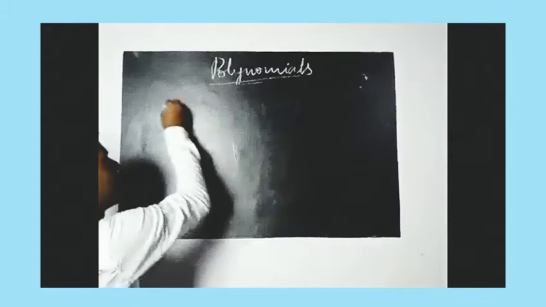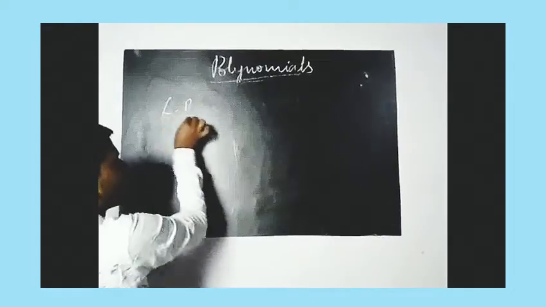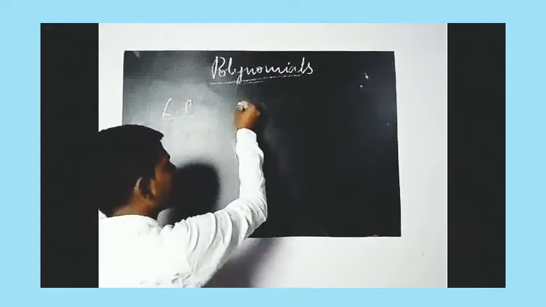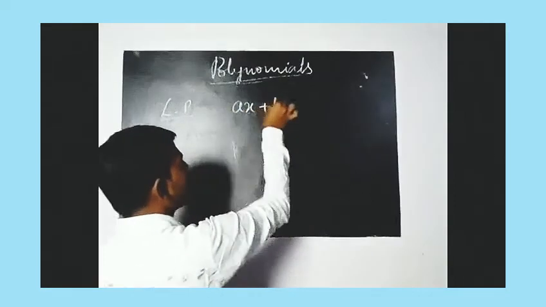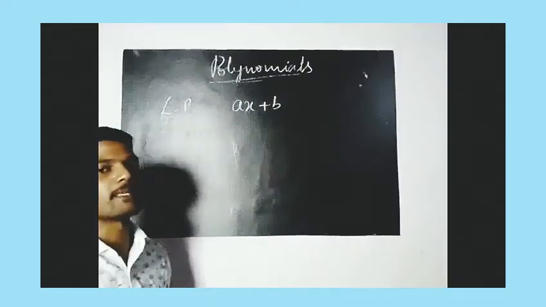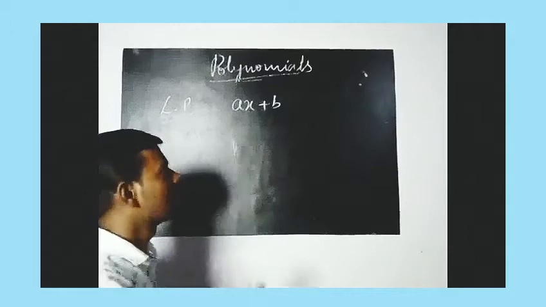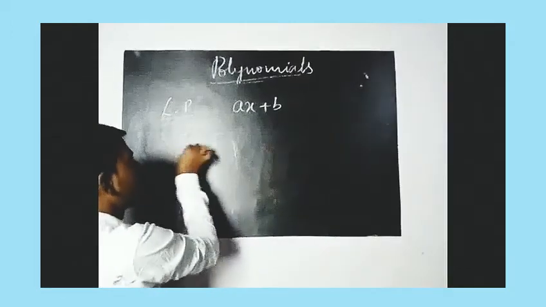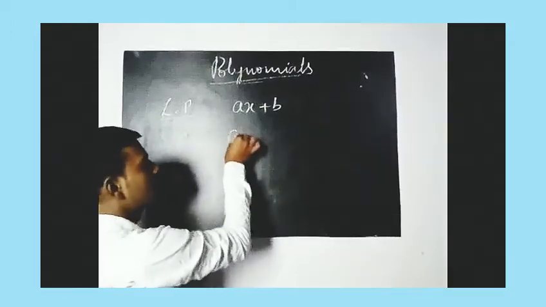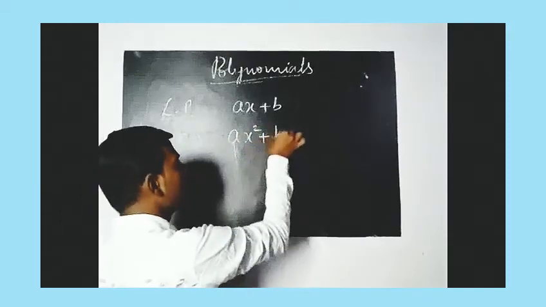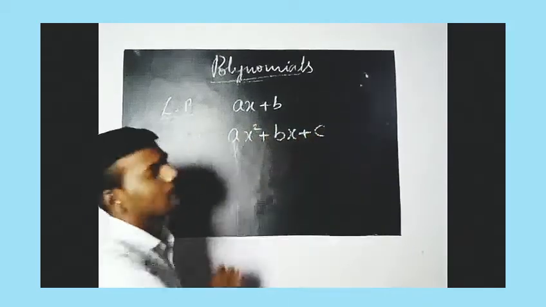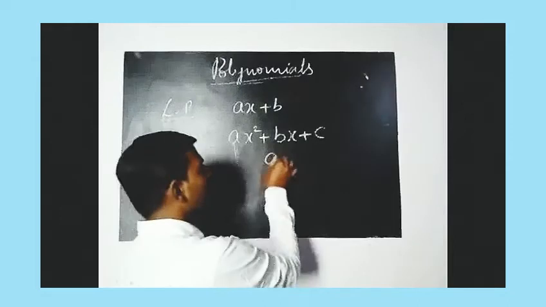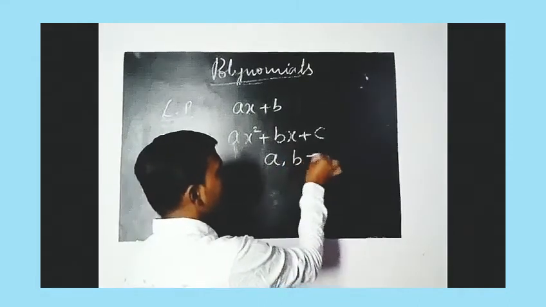Look here, linear polynomial. The general form of a linear polynomial is ax plus b. For a quadratic polynomial, the general form is ax square plus bx plus c, where a should not be 0.